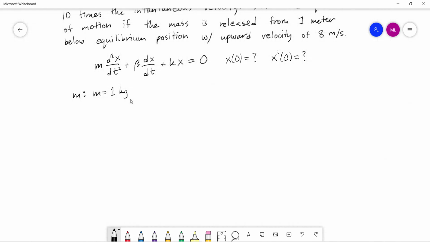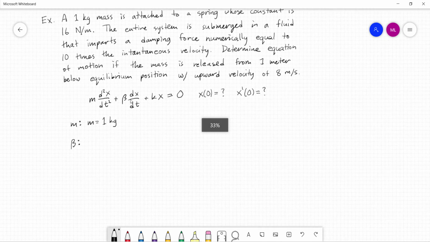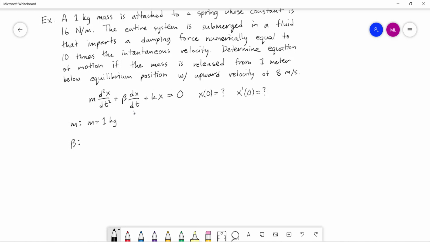If we're trying to find beta, that is our damping coefficient here. And where it talks about the damping, it says the whole system is submerged in a fluid that imparts a damping force numerically equal to 10 times the instantaneous velocity.